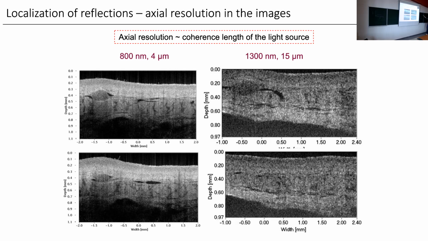So if the scattering coefficient is a little bit lower, then the probability of the light going in deeper is higher. So for the longer wavelength, with the lower scattering coefficient, you will measure a little bit deeper. It's very subtle, not that clearly visible.